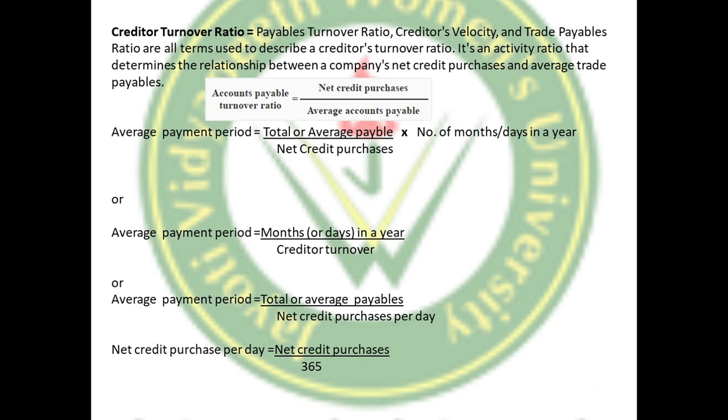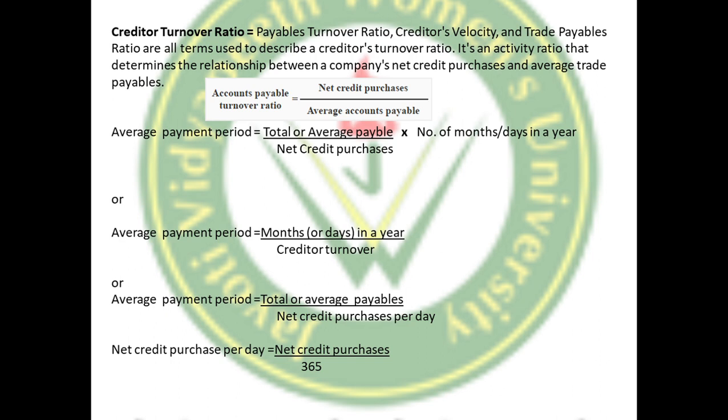Now to calculate this denominator, average accounts payable, there are three formulas to calculate average accounts payable or average payables. The formula to calculate credit turnover ratio is net credit purchases divided by average accounts payable.